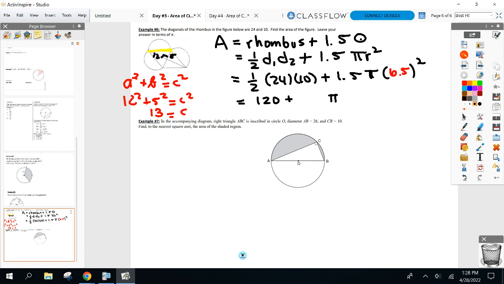What do we got? 63.375? That's what I get with 1.5 times 6.5 squared. Would you be able to do 3 and then parentheses 1/2 pi 6.5 squared? Yes. Because if you do 3 times 1/2, it's 1.5. So yeah, it still works.